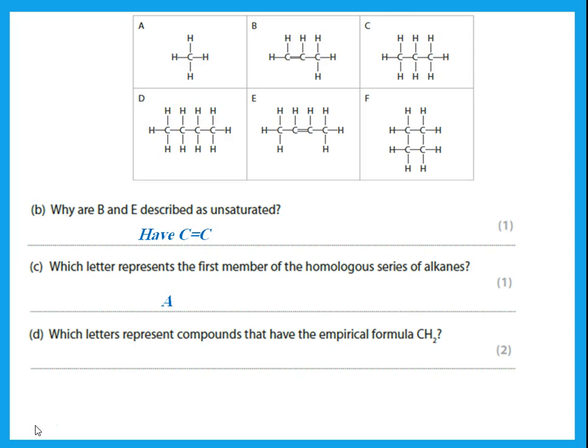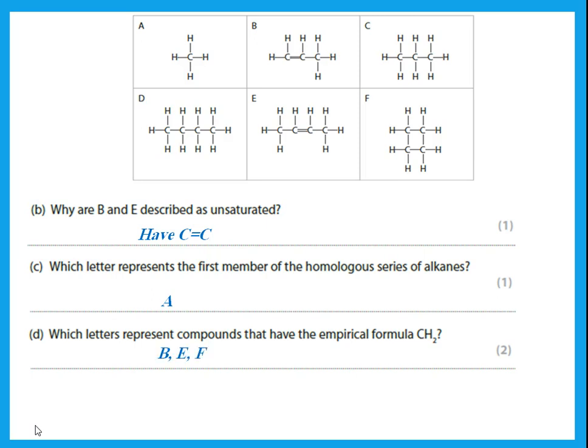Which letters represent compounds that have the empirical formula CH2? Remember that we said, what is empirical formula? It is the one showing the simplest ratio. So you're looking for compounds that have the hydrogens twice the carbons. So actually you're looking for basically something that's an alkene or something similar in which the number of hydrogens is twice the number of carbons.